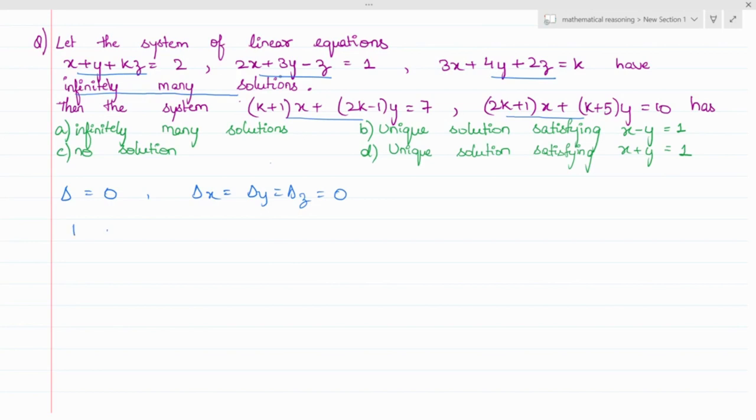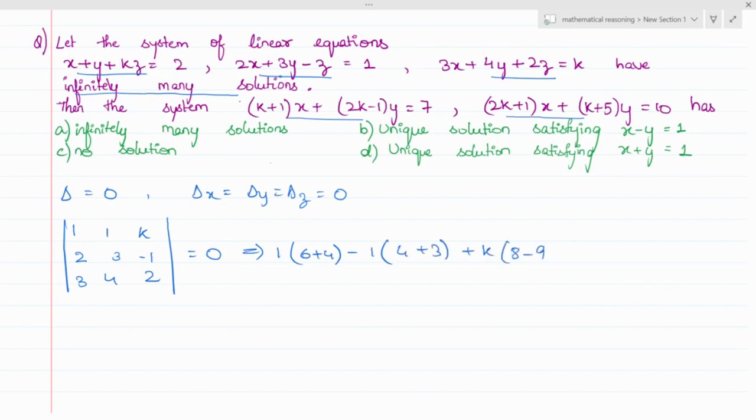So first thing, delta equal to 0. So let's use that: the determinant with rows 1, 1, k, and so on. So this should be equated with 0. It becomes 6 plus 4, 10, minus 1 into 4 plus 3, plus k into 8 minus 9, equal to 0.